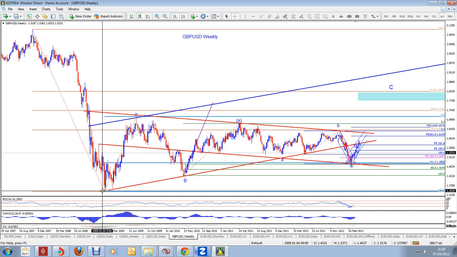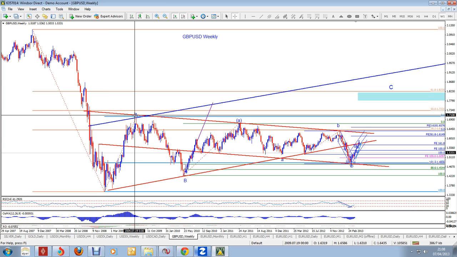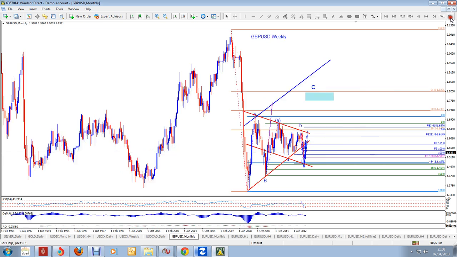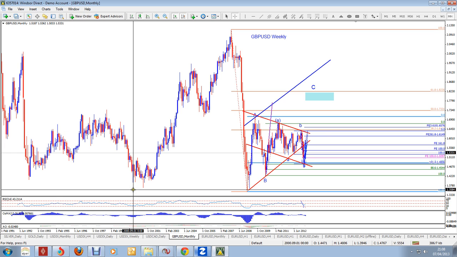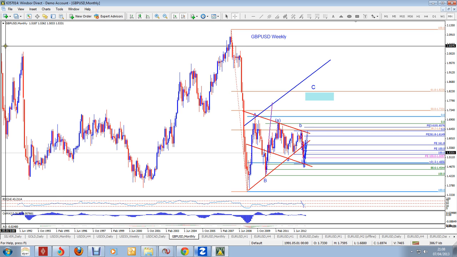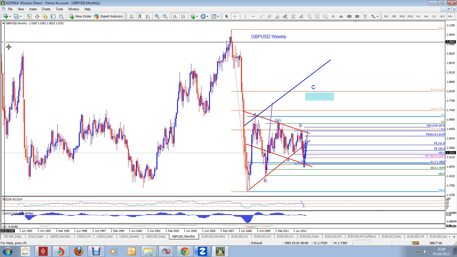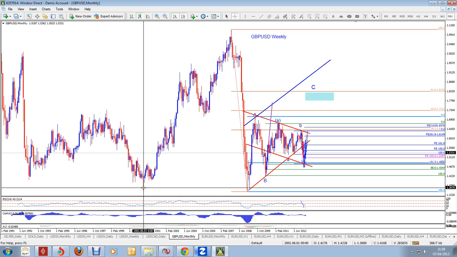from the low back in 2009, my belief is that we have done wave A in this larger bracket. Okay, and in fact, if you just glance over the monthly chart, you see we have come from the top left hand corner, and this is the lowest low.